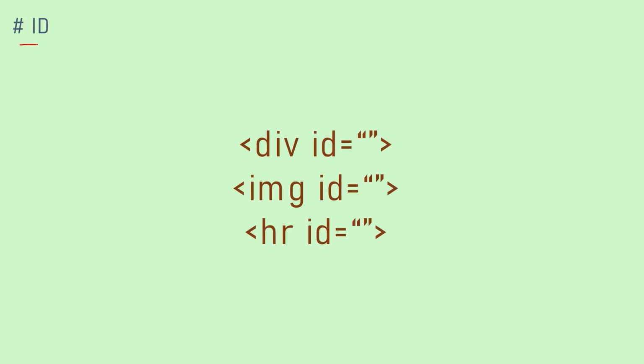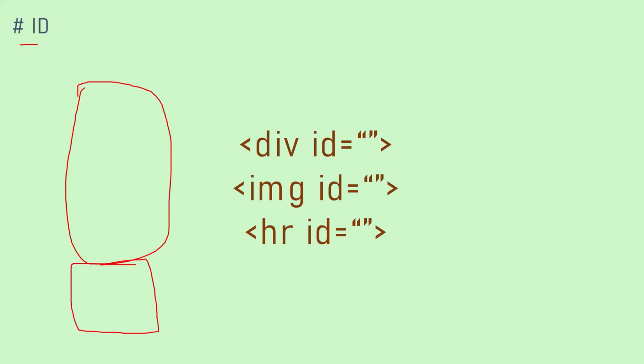So here I have ID. ID is nothing but, let's take a real life situation. Say you have your school ID card, and your school is giving you a number. Even if my school name is ABC, you'll get your number from your school like ABC 12345.